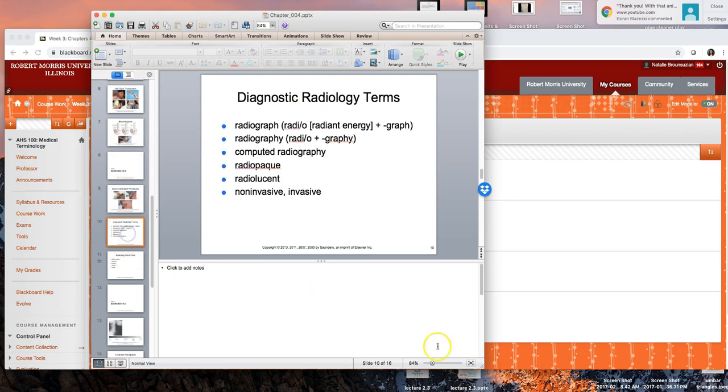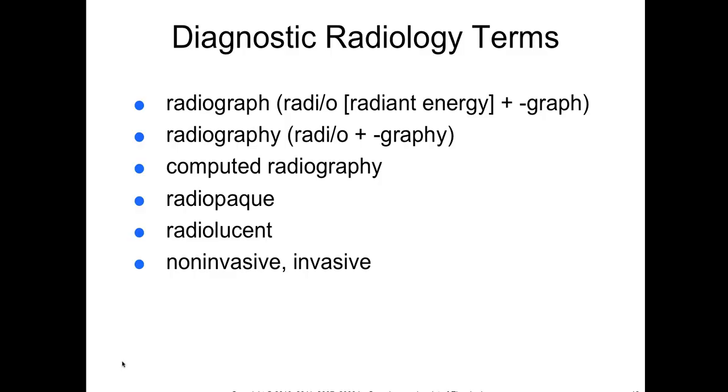And I think we stopped right over here. Okay, so we're going to talk about some diagnostic radiology terms. We talked about a radiograph, well, the term graph at least, and radio is going to mean radiant energy.